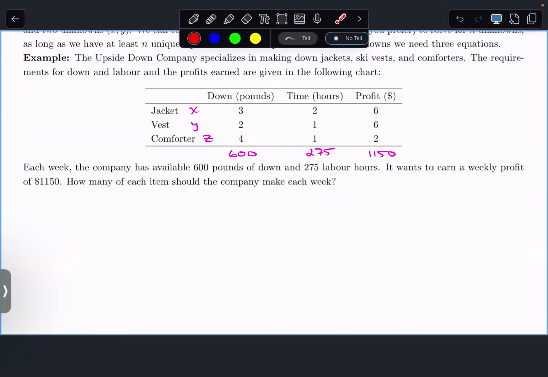I want to use up all my down, right? And all my labor hours. So we're going to set this up as 3x plus 2y plus 4z equals 600. This is the down linear equation.